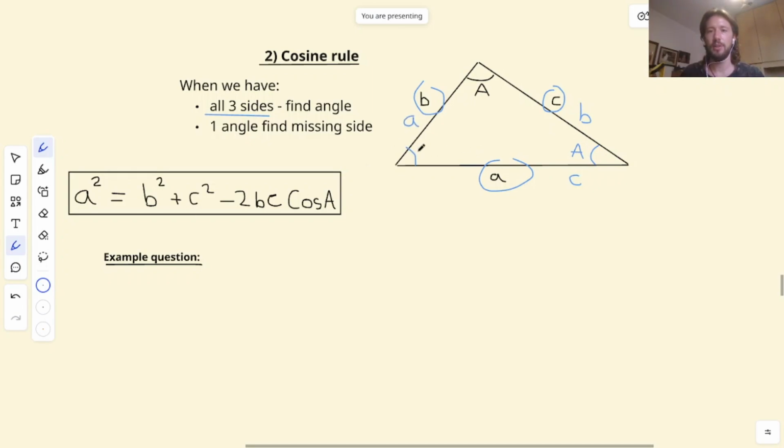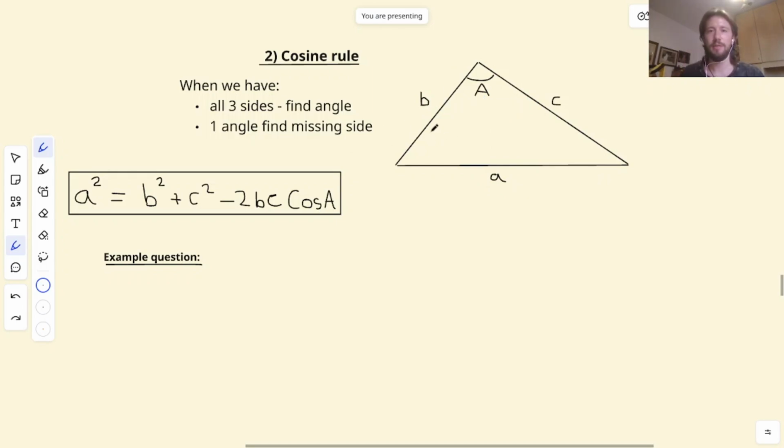And likewise, you can do the same on that side. The orientation doesn't matter. So if you have all 3 sides, you can find any angle you want with the cosine rule. Just remember that a is the side opposite the angle capital A, and the other 2 sandwich that angle.